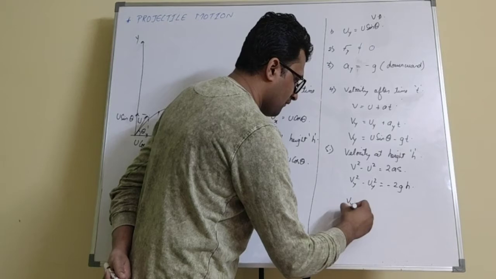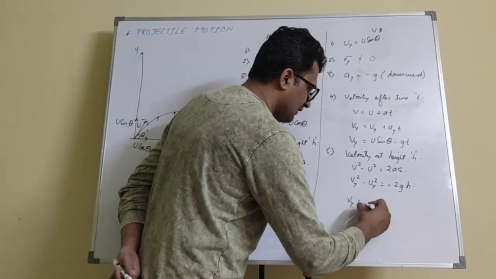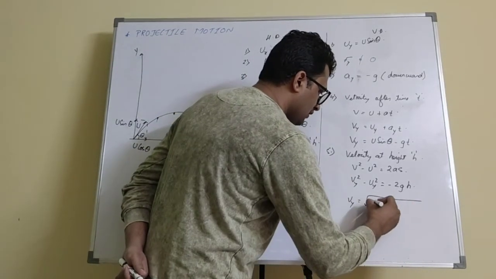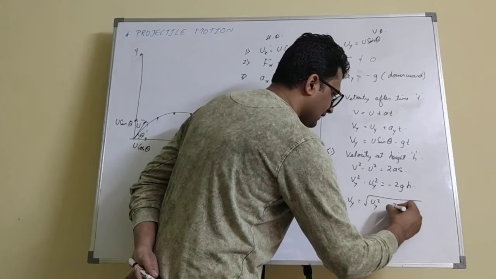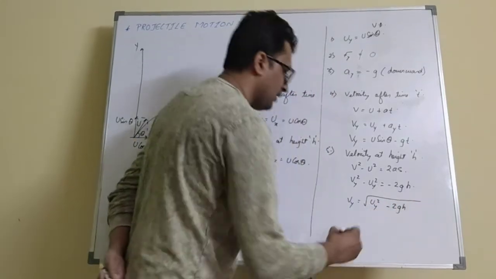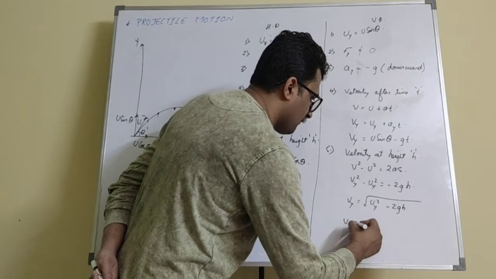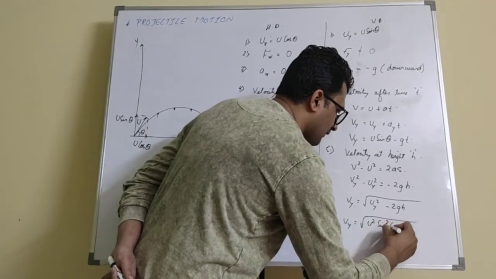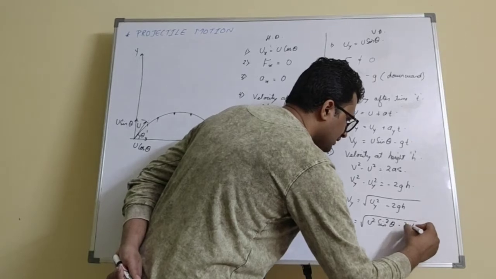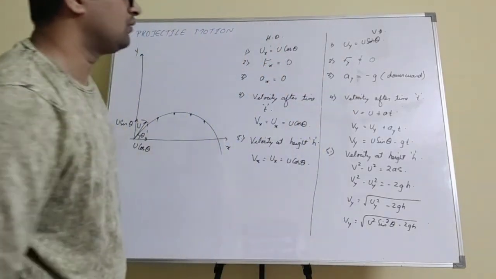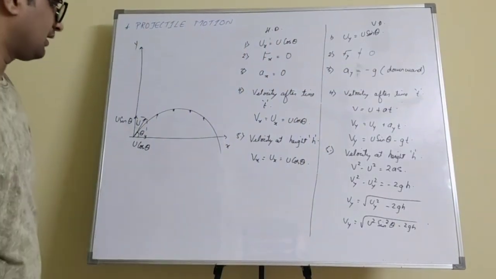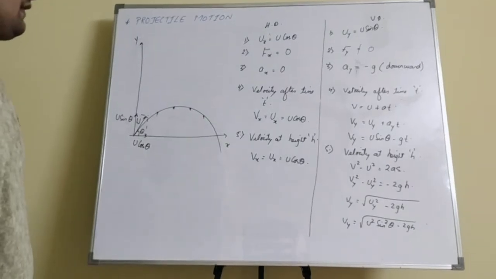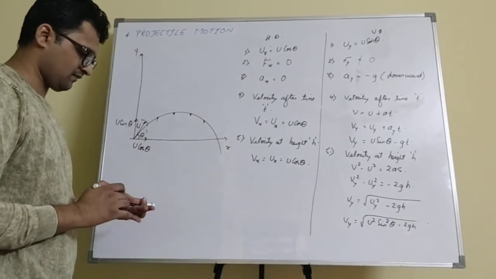So vy will be under root uy square minus 2gh. So vy will be under root u square sin square theta minus 2gh. Clear?